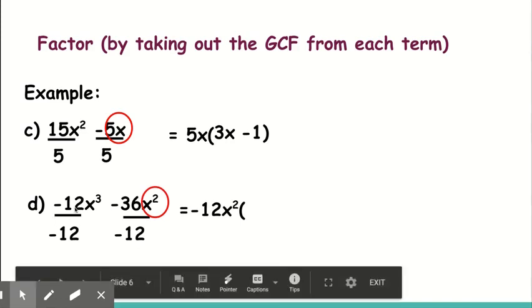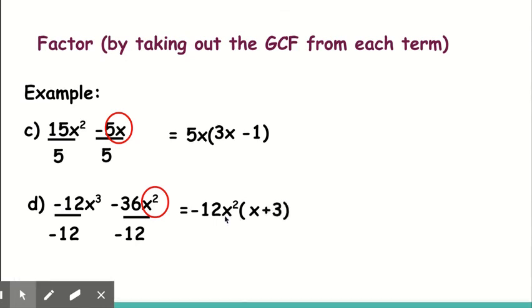So negative 12 divided by negative 12 gives me 1, and I'm pulling 2 of these out, so I'm left with just x. And then for this one, negative 36 divided by negative 12, and it's with the x squared. So since I'm pulling the x squared out of here, there's going to be no x's, and I'm left with plus 3.